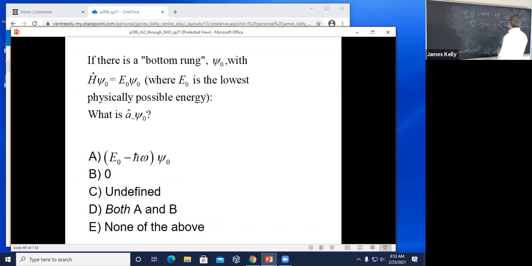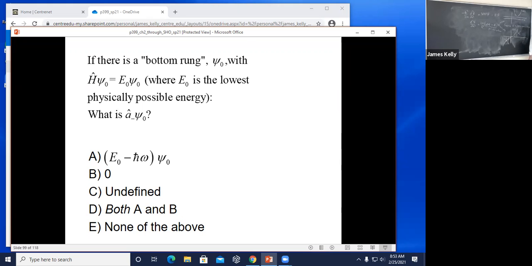Why does it have to be 0? Because if I take A minus on that state psi and it's equal to 0, then notice I can rewrite 0 as E minus h bar omega. So let's assume that H psi equals E psi.